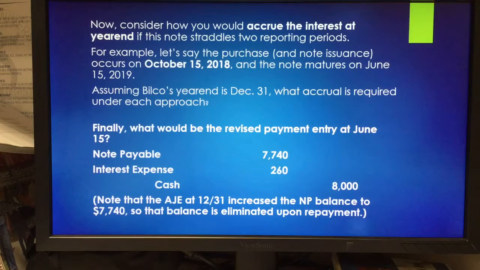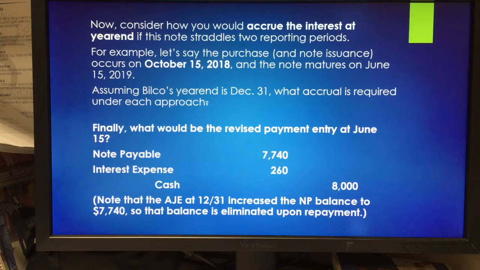And then when we make the final payment here, or we pay off this note on June 15, notice we debit note payable for $7,740. That's the original issue price of $7,640, plus the $100 adjusting entry that we made at December 31st. So we eliminate that note payable balance.